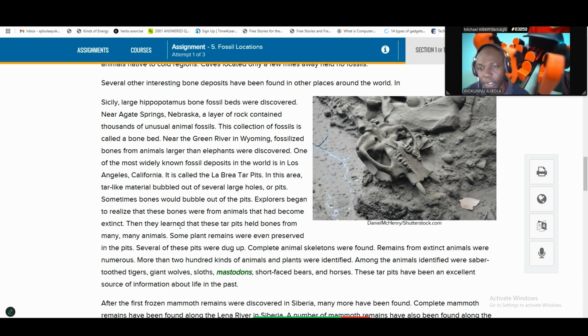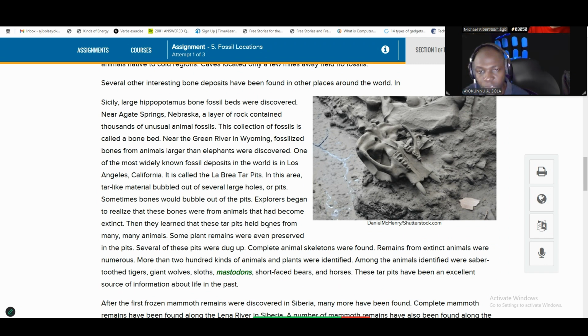They learned that these tar pits held bones from many animals. Some plant remains were even preserved in the pits. Several of these pits were dug up. Complete animal skeletons were found. Remains from extinct animals were numerous. More than 200 kinds of animals and plants were identified.